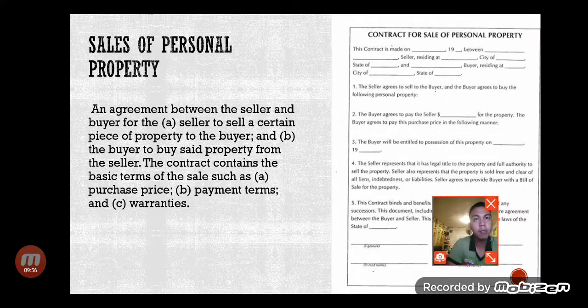So the next one is sales of personal property. An agreement between the seller and buyer for the seller to sell a certain piece of property to the buyer, and the buyer to buy the said property from the seller. The contract contains the basic terms of the sale such as purchase price, payment terms, and warranties.